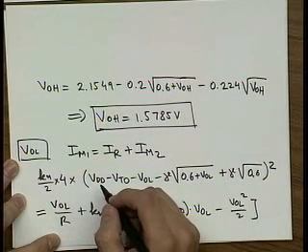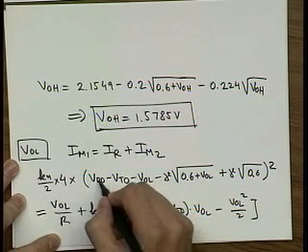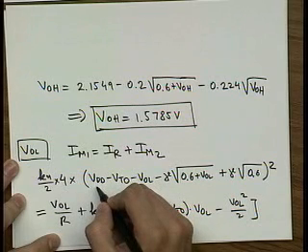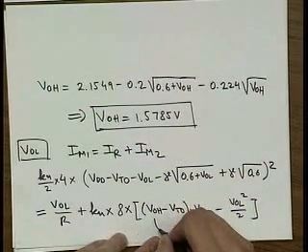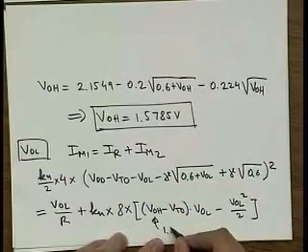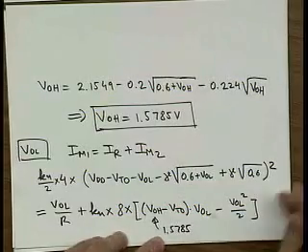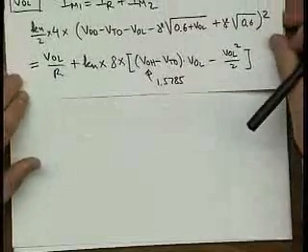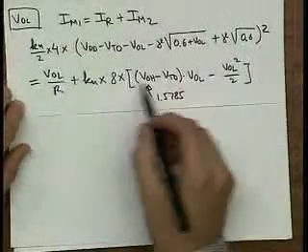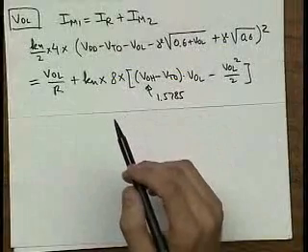Oh no, this is VOH here. No, this is VDD. Yeah, that's correct. So now you plug in your VOH from the previous step, 1.5785, and you replace the numerical values for all of these over here.